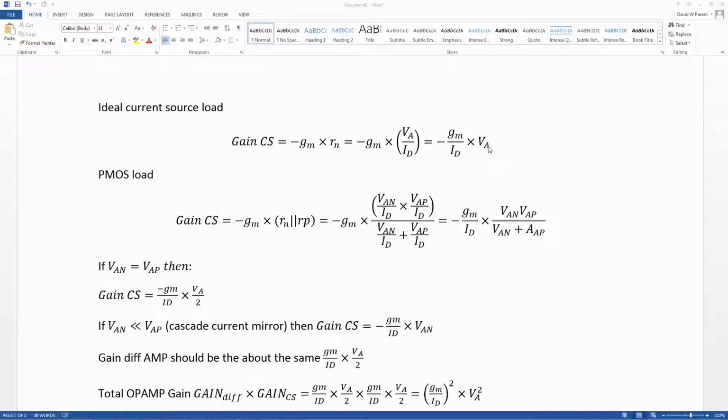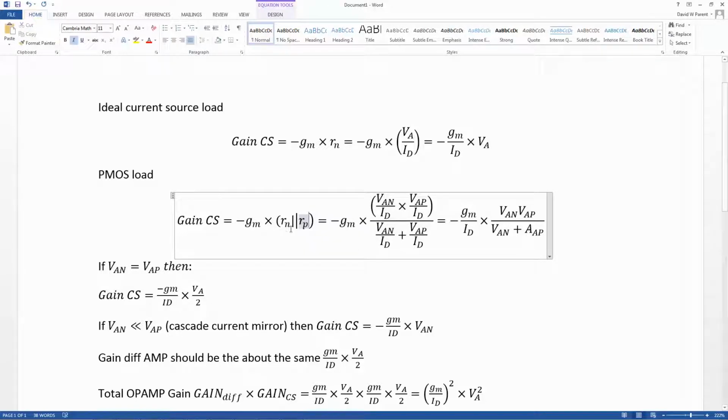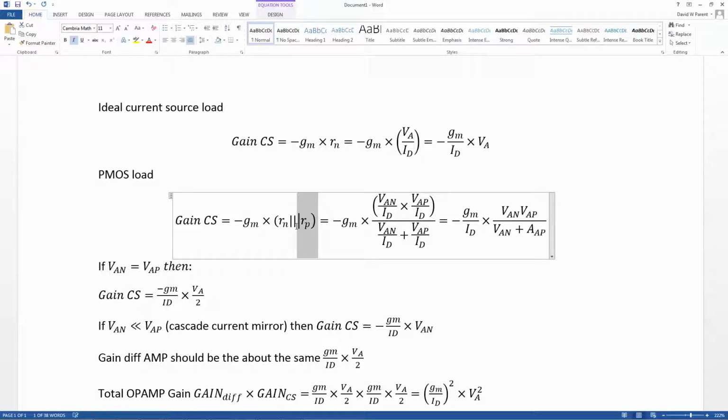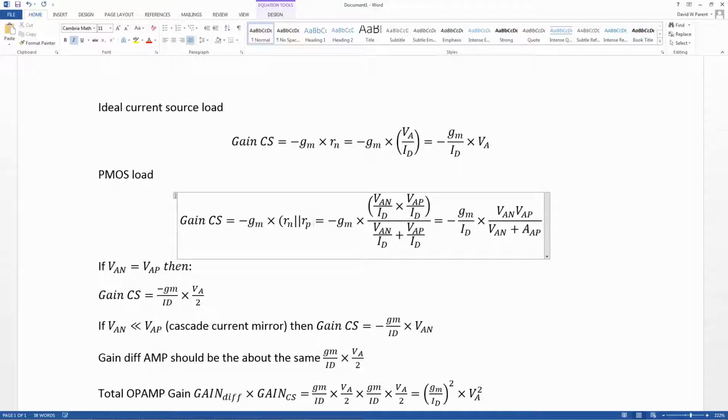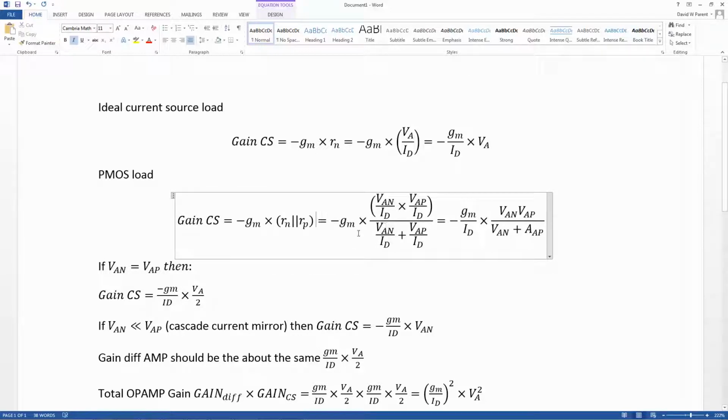Right, then if you had a PMOS load instead of an ideal current source, which has infinite output resistance, you just have the output resistance of the N in parallel with the output resistance of the P, which just lowers it.